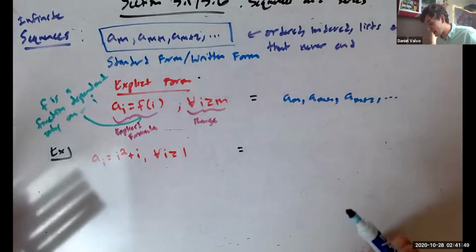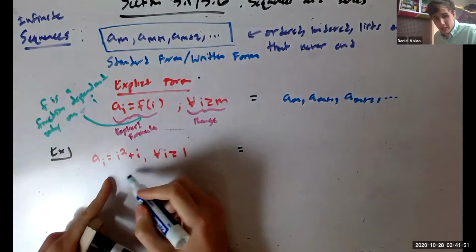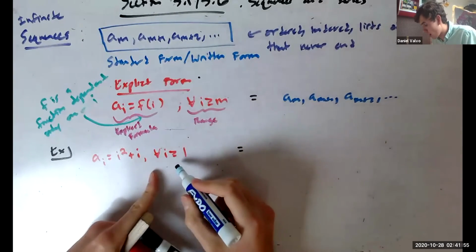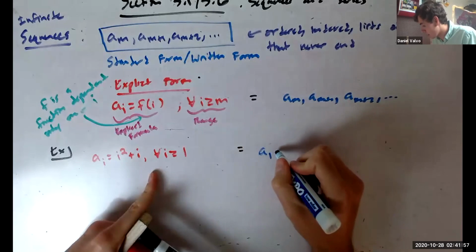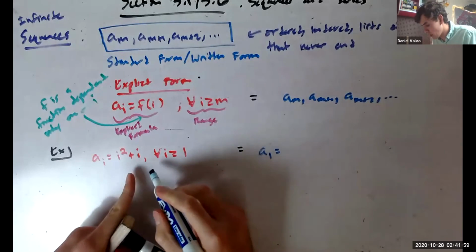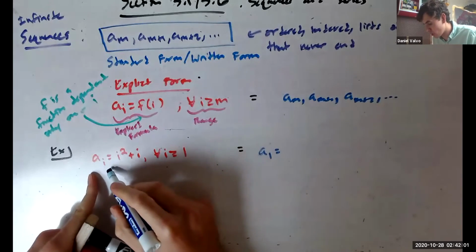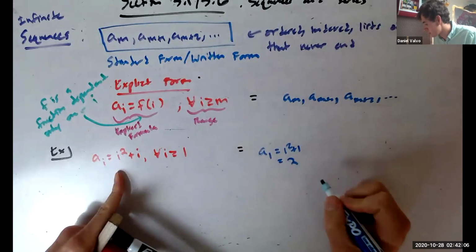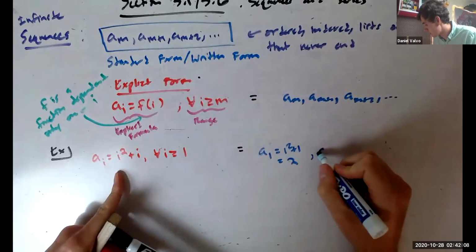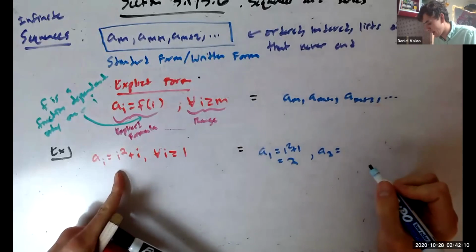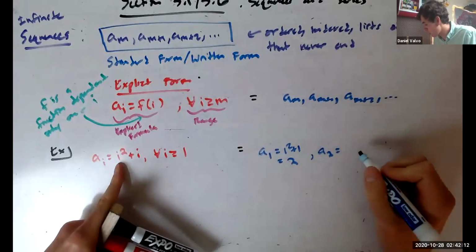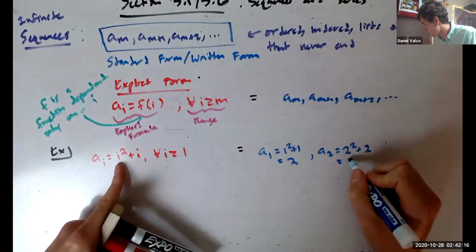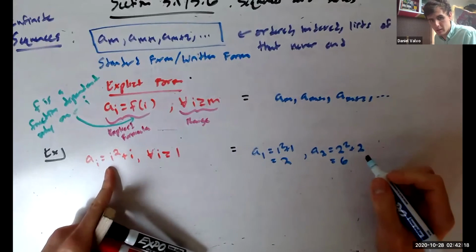Now an equivalent way to write this is to plug it in and figure out the standard form. We start at a_1, because i is greater than or equal to 1, plug that in, we get 1 squared plus 1, which equals 2. Next we go to a_2, plug the index 2 in, we get 2 squared plus 2, which equals 4 plus 2, which is 6.